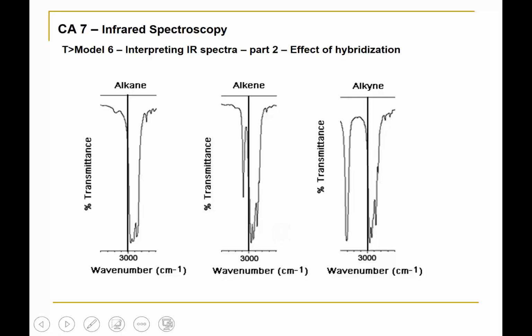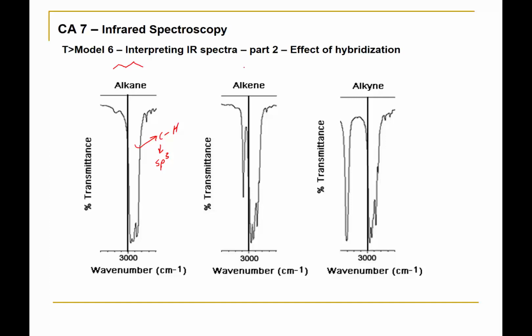For a typical alkane, for instance a pentane, these peaks here correspond to the carbon-hydrogen bond where the carbon is sp3 hybridized. Once again, remember that these peaks don't correspond to an sp3 hybridized carbon. They correspond to the carbon-hydrogen bond stretch where the carbon is sp3 hybridized.